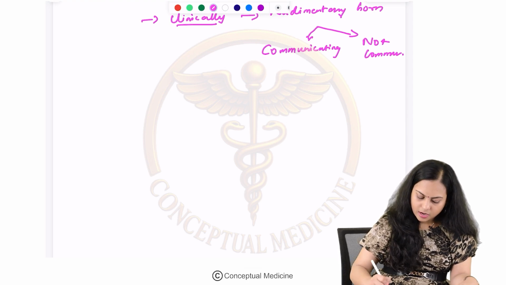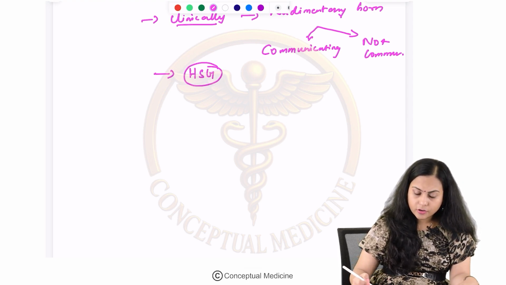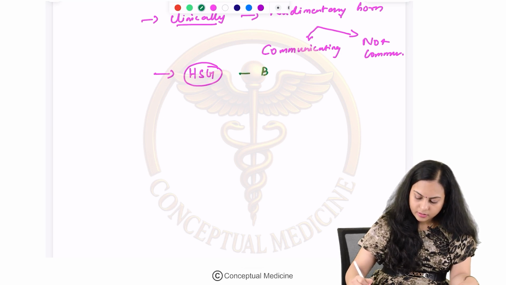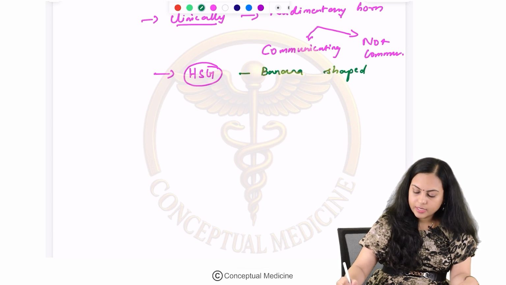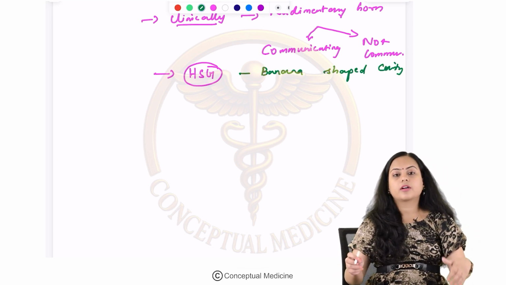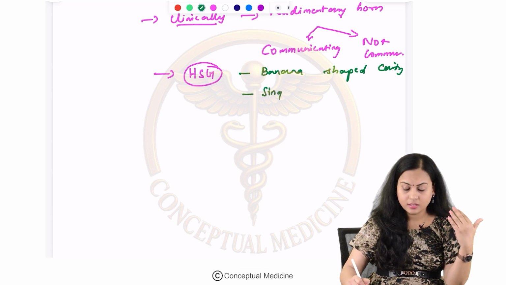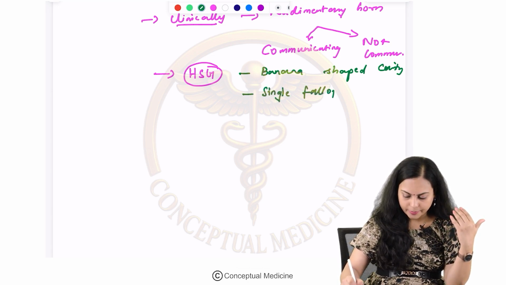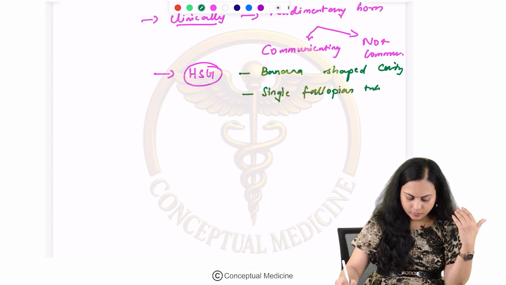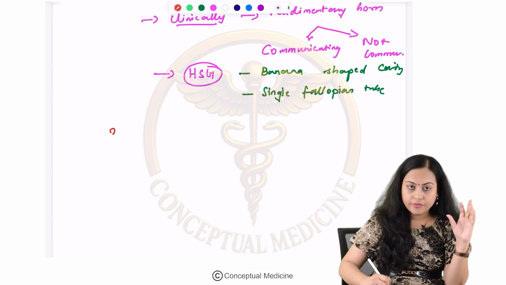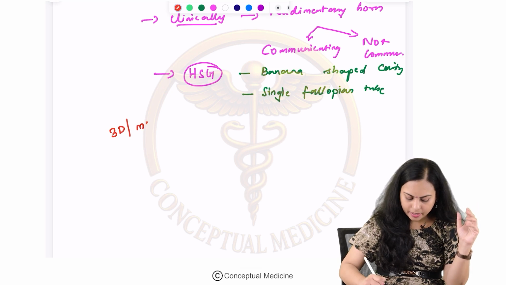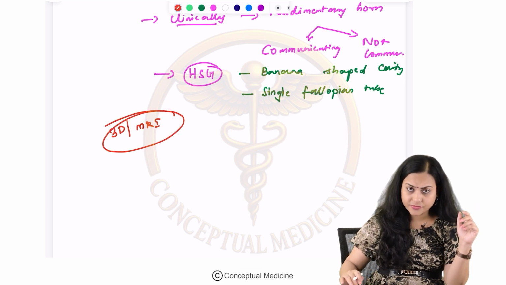Then if you see the HSG picture of unicornuate uterus, you will be having a banana shaped cavity, right? Because it is unicornuate, one horn is completely not developed. That means it will be having a single fallopian tube only. And we know 3D or MRI is more precise for diagnosis.